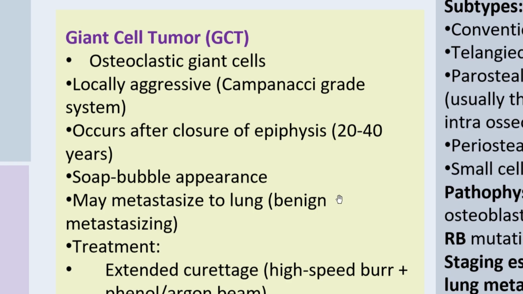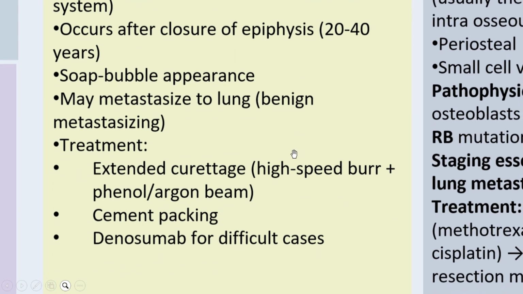Then it will give what we call a soap bubble appearance when you see it on X-ray, and it may metastasize to the lung. The treatment is extended curettage with a high-speed burr, phenol and argon beam, and then cement packing is done a lot to try and salvage the integrity of this bone. And denosumab, which is a biologic medication, can be used in difficult cases.